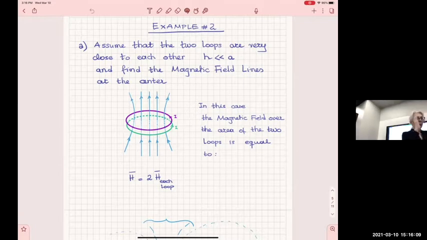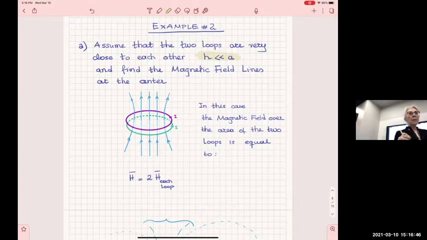Both the purple and the green lines for both loops go through aligned, which means that if I have two loops very, very close to each other, at a distance which is much less, as I show here, look at this distance between the two loops, it is much smaller than the radius.